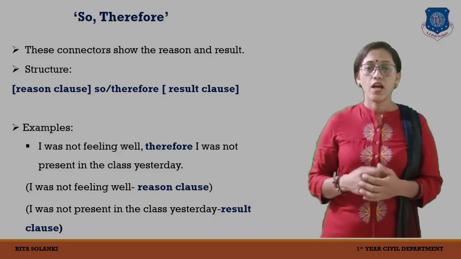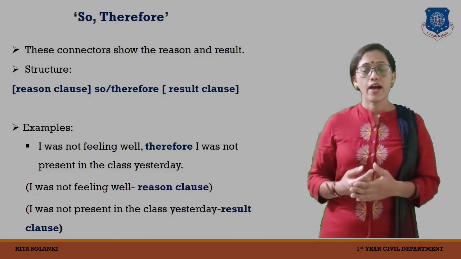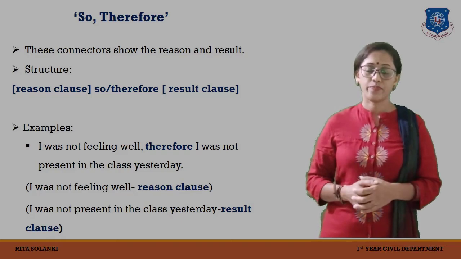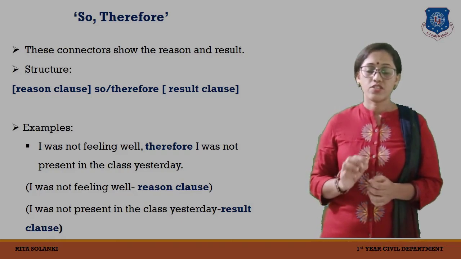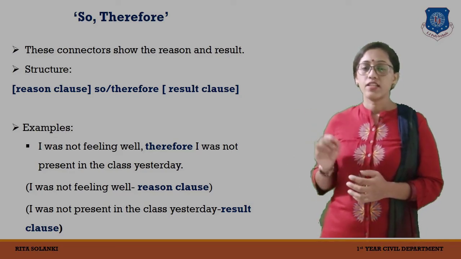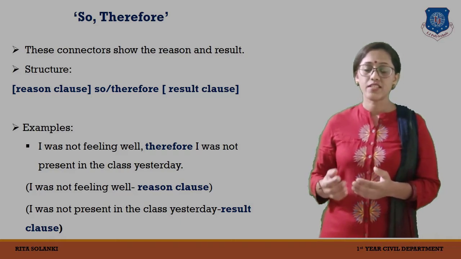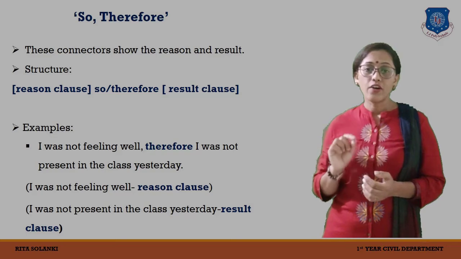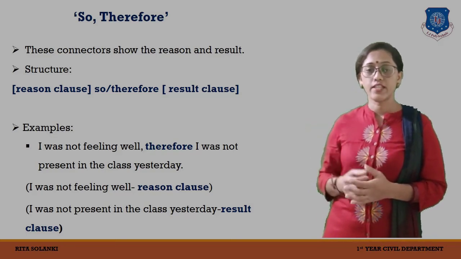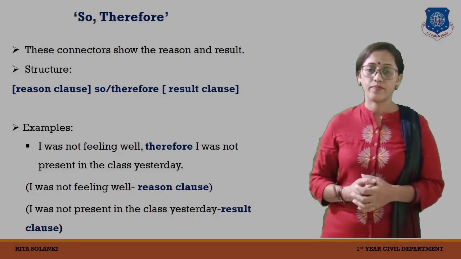For example, I was not feeling well, therefore I was not present in the class yesterday. So here the structure goes like, the first part is the reason. I was not feeling well. That is the reason for not being present in the class yesterday. So we have connected these two clauses with the help of our connector therefore.